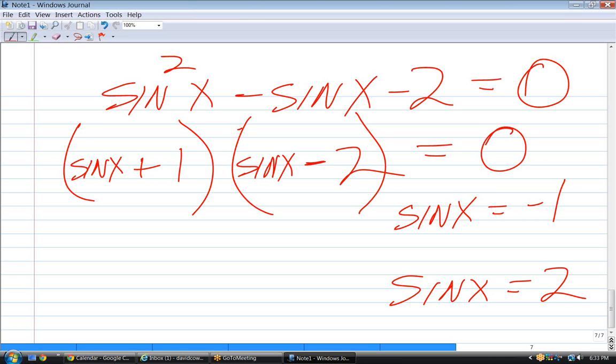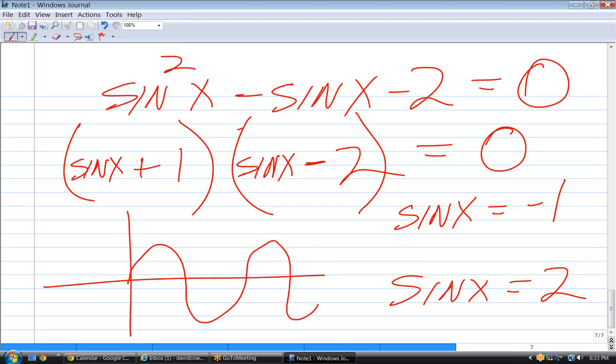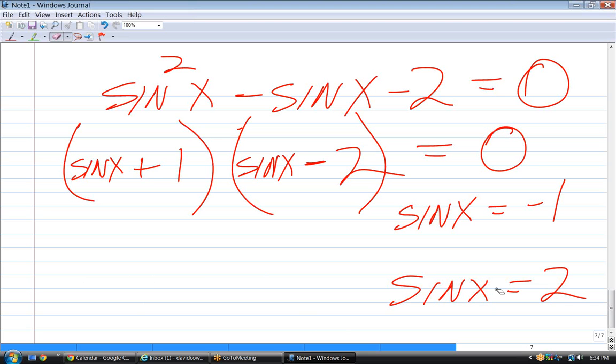All the way to 2 pi. No. The range on a typical sine function. So it's just negative 1 to positive 1. Yeah. So you can't have the sine being equal to 2. This is an impossibility. There's no such angle where the sine of that angle would be equal to 2. So we only have this solution.